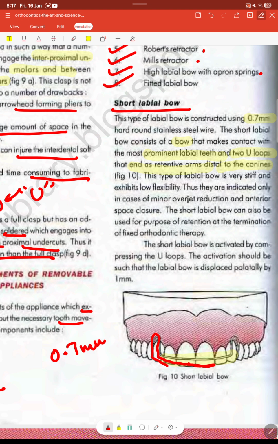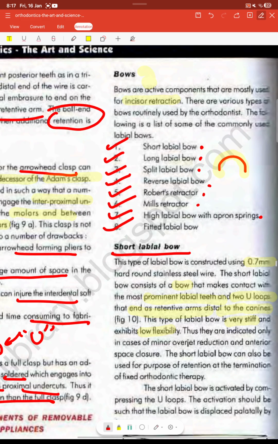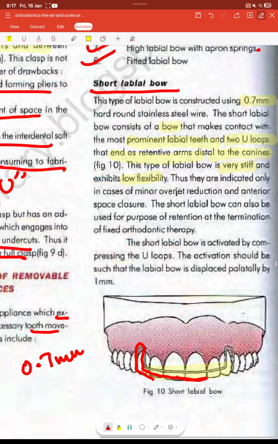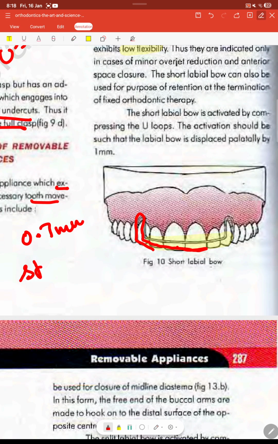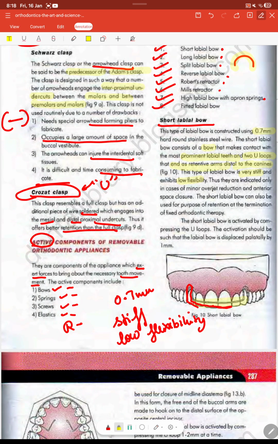This type of labial bow is very stiff and exhibits low flexibility. So the advantage is that it retracts the incisors, but the disadvantage is that it is very stiff and has low flexibility.